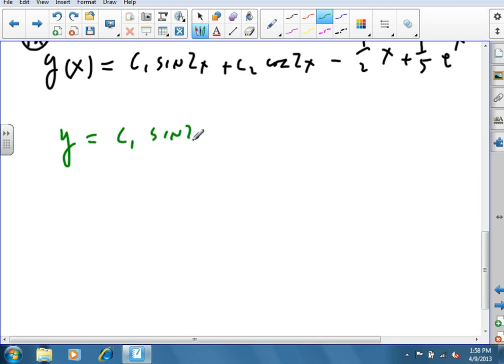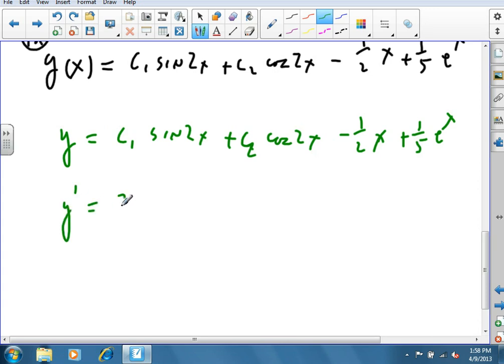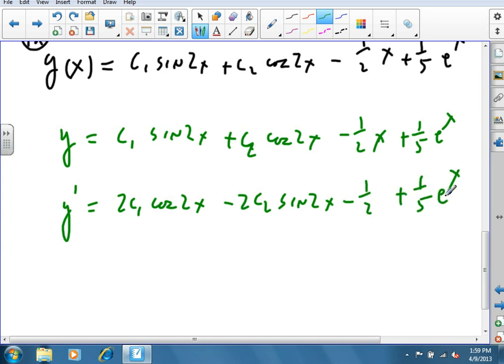Sine 2x plus cosine, plus c2 cosine 2x minus 1/2 x plus 1/5 e to the x. Y prime is 2c1 cosine minus 2c2 sine minus 1/2 plus 1/5 e to the x.